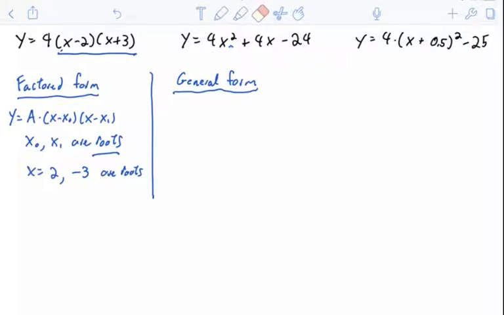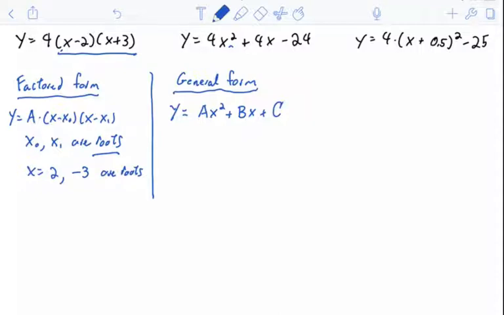So the general form of a quadratic function looks like this: ax squared plus bx plus c. I'm deliberately using capital letters right now, just because there was a little bit of confusion really early on, and I don't want to deal with that. Okay. What does the general form tell us?